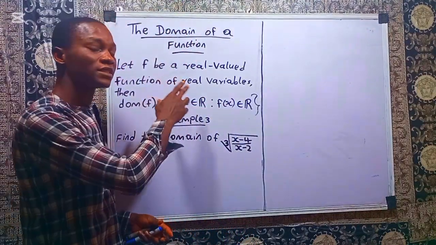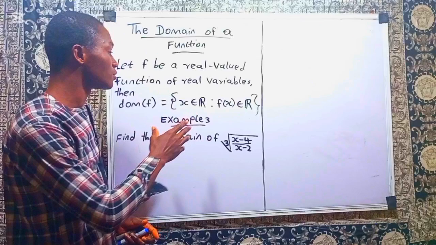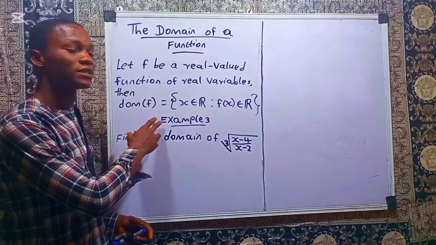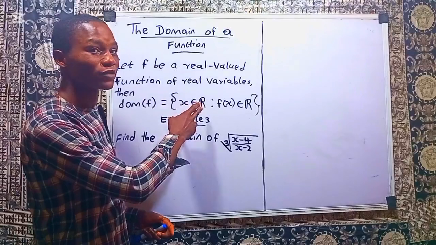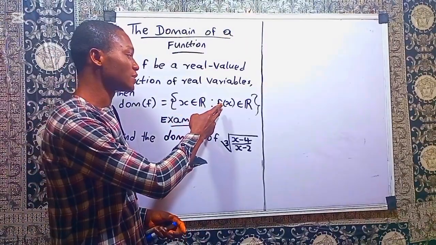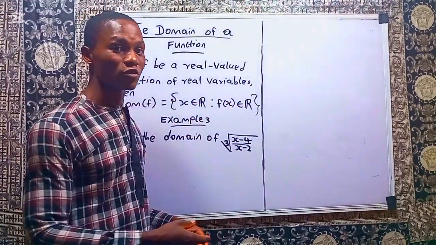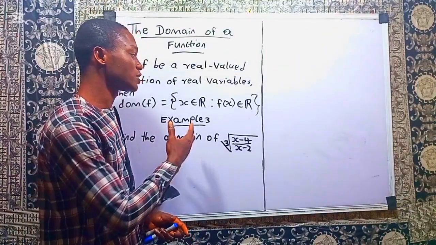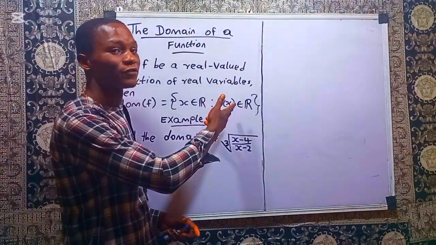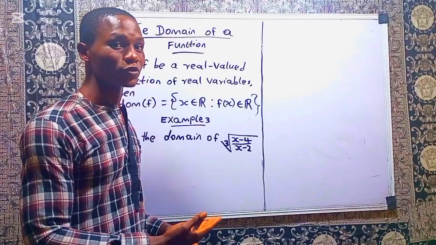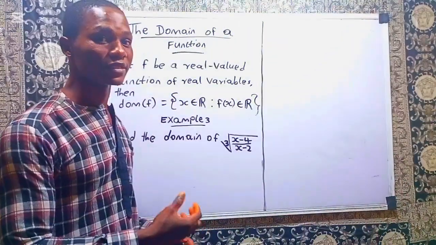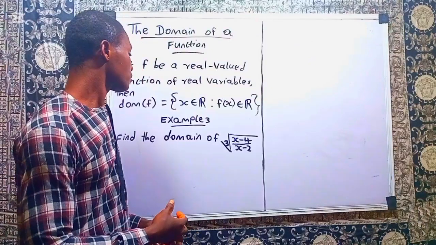Assuming that f is a real valued function of real variable, then the domain of f, which is noted as dom f, is the set of all x elements of real numbers such that f of x is a real number. That is the set of all real numbers such that if you put them inside the function, you get a real number. So this gives us the definition for domain of a real valued function of real variable.